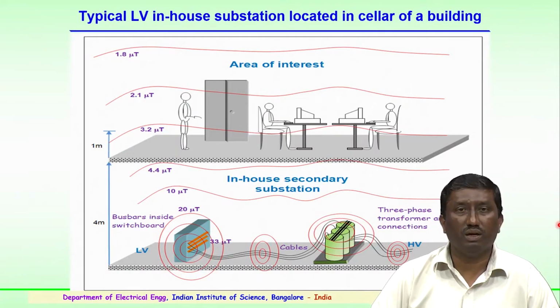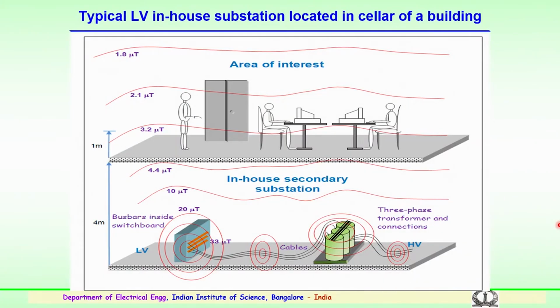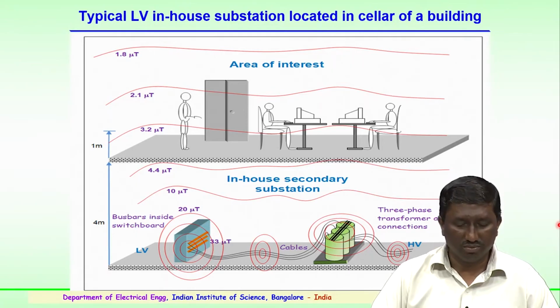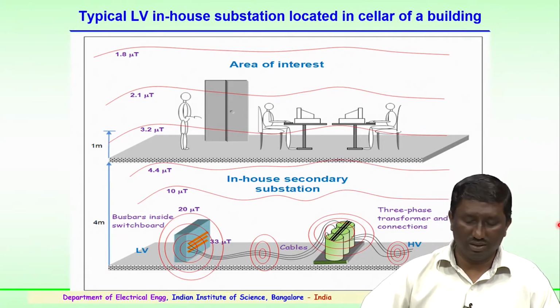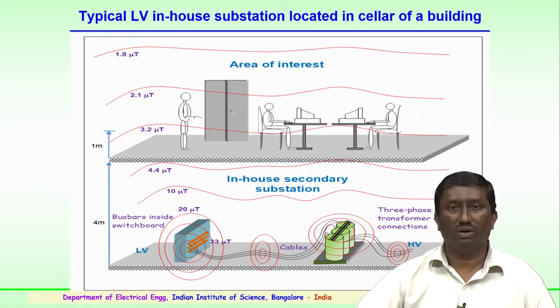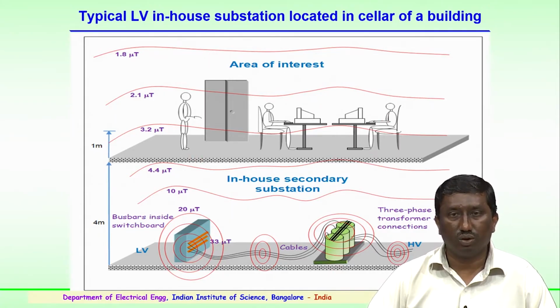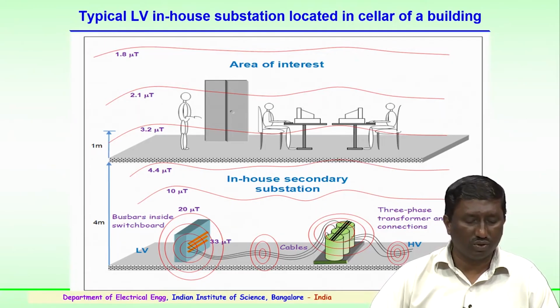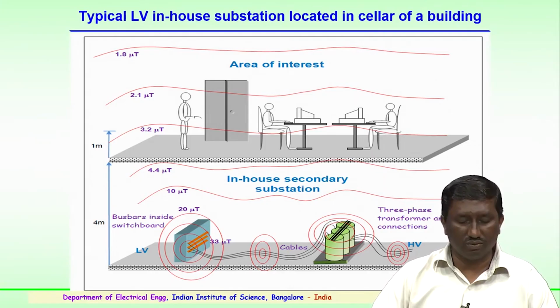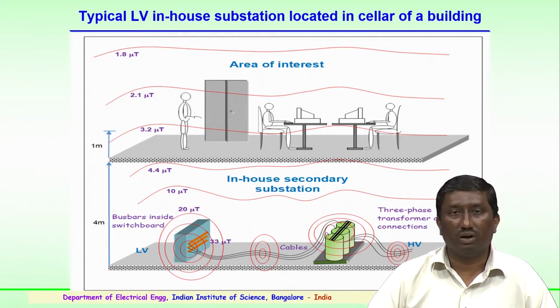So, typically low voltage in-house substations which could be located in a cellar of a building could also be emitting magnetic fields, because the substation is underground, the ground floor has offices, and a SCADA center or a control room could be on the first floor. So, here again the electric field may not be of consequence, magnetic fields are of concern.